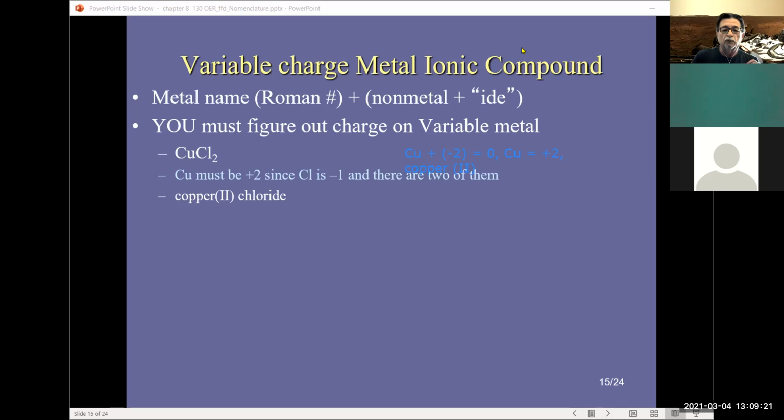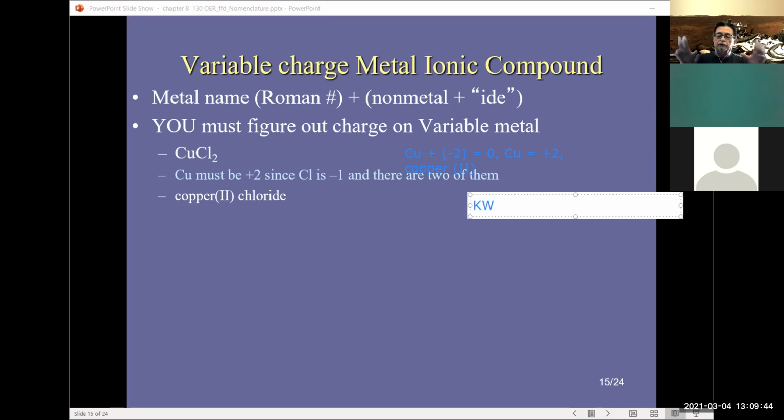For example, what if I were to give you a hypothetical formula, potassium W. W is a hypothetical anion. The question is, what is the oxidation state of W?